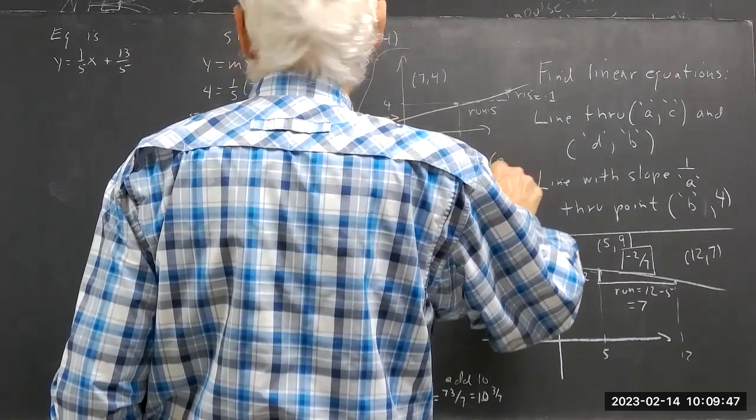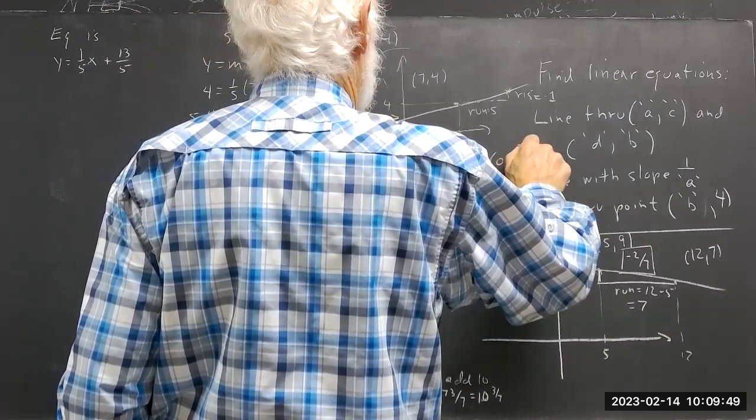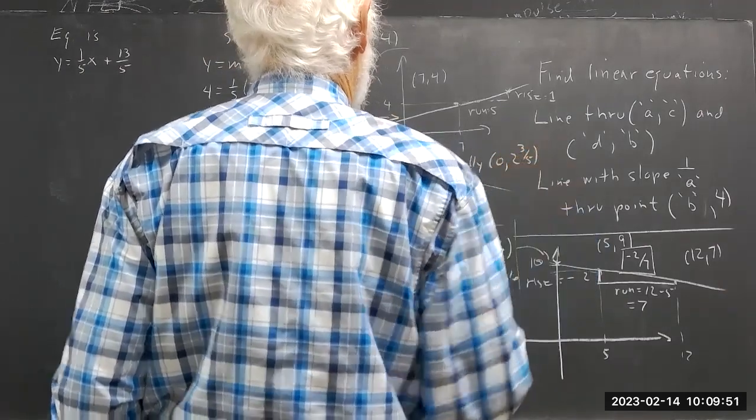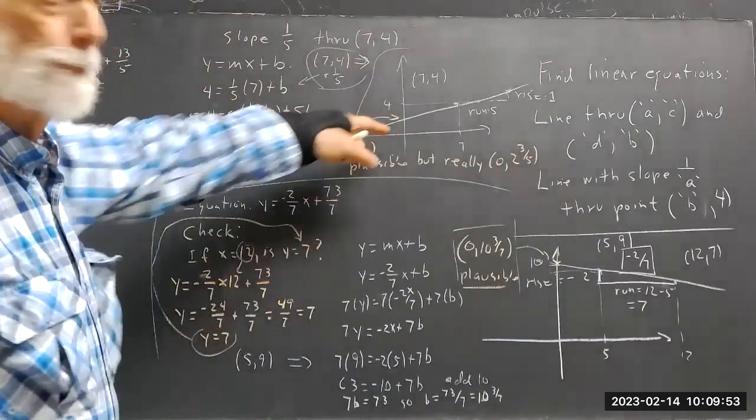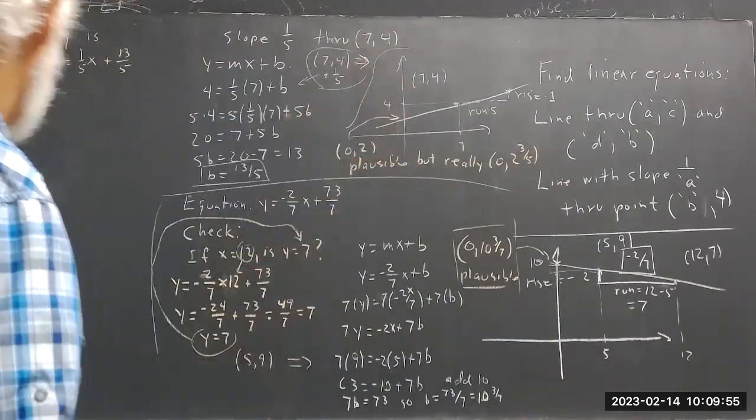The y-intercept is really 2 3/5, so it should be a little higher.